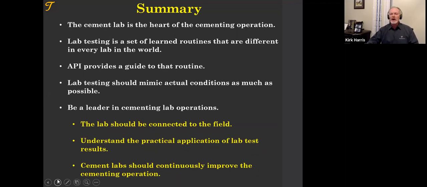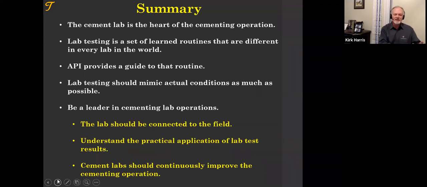But I would like to summarize by saying this. The cement lab is the heart of the cementing operation. If we can connect that to the field and to results, that would be a wonderful thing. It is a set of learned routines that are different for every lab in the world. So learn and know how your lab performs those tests.